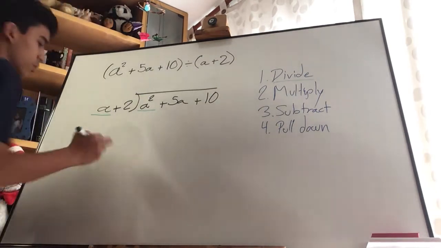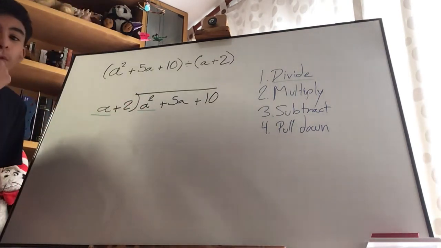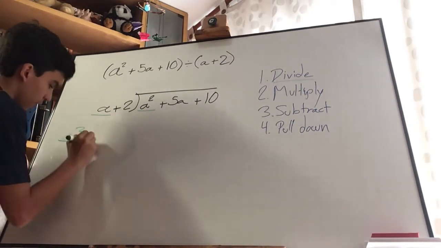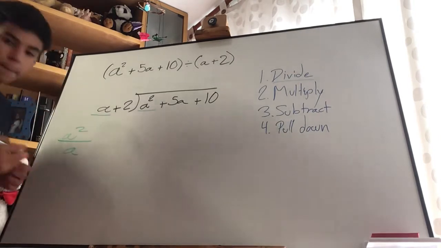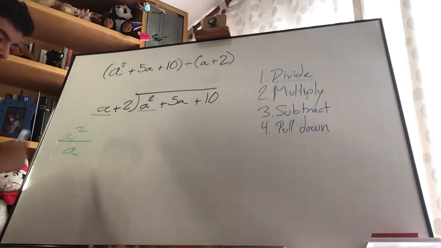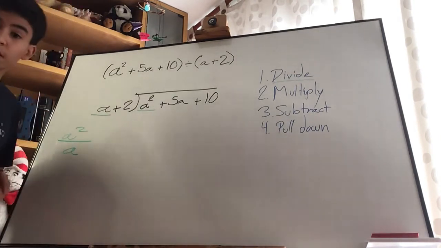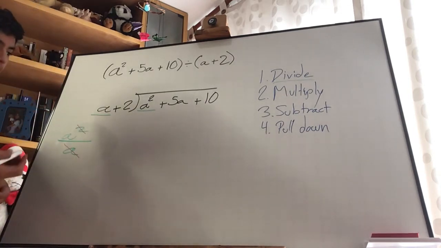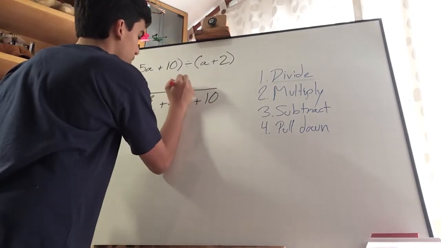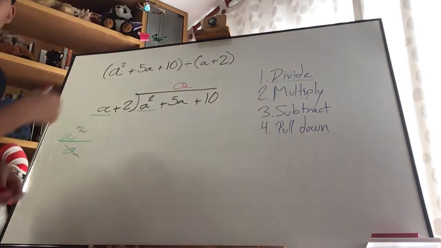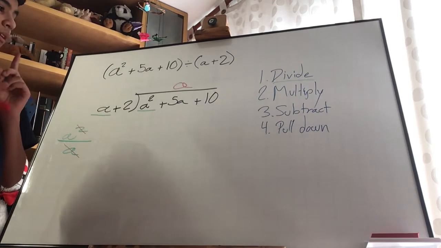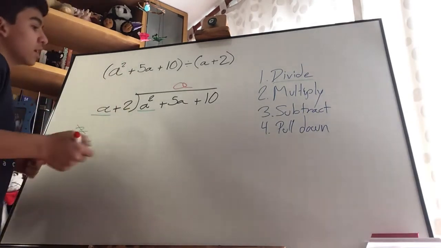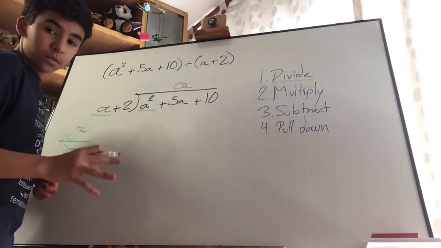So we rewrite it as a fraction, and we say a squared divided by a. As we know, a squared divided by a is just a. So we have a up there. Now there's something you need to understand when organizing the fraction: there are some boundaries when you write.